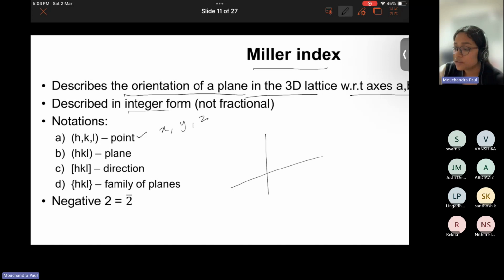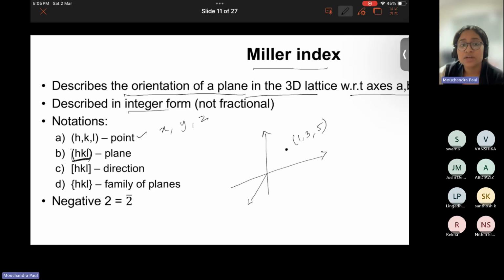In the XYZ Cartesian space, when you are asked to plot, say, 1, 3, 5, you can plot it as a point. That is your notation for a point. Where the notation for a plane, please note there are no commas. So when you are asked to give the Miller index for a plane, you always have to remove the commas, but it has to be enclosed in round brackets like this.